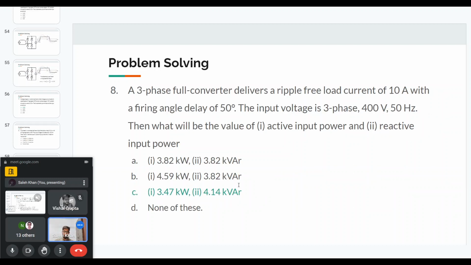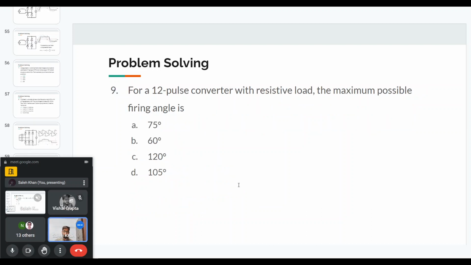The answer is C. Now the ninth question is asking about a 12 pulse converter. The question is: for a 12 pulse converter with a resistive load, what will be the maximum possible firing angle? Does anybody know the answer to this question?